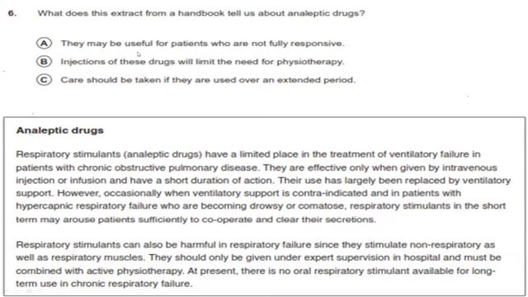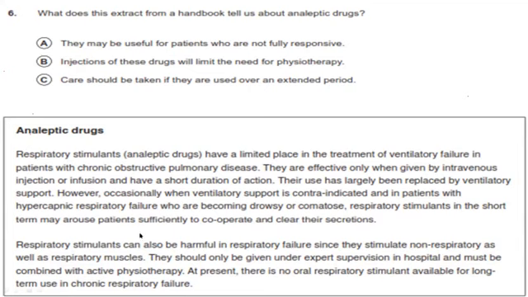I just feel this is the one that I can choose. Okay. But are you sure about this answer or not? Really, I don't know. This answer is telling us that it's useful for patients who are not fully responsive. Okay. Can you locate where this topic, the not fully responsive patient, is mentioned here?